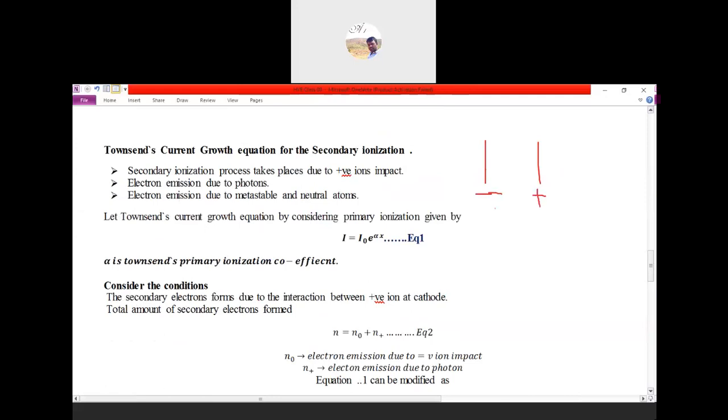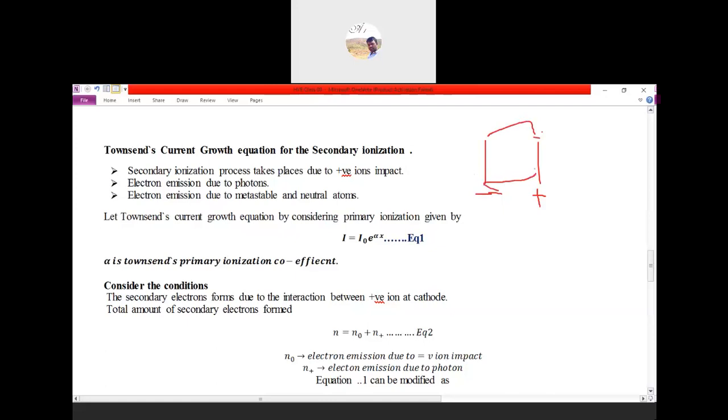So I is equal to I naught e power of alpha x is the primary ionization current growth equation. In the previous three classes we discussed the Townsend primary ionization. Now, coming to the secondary.